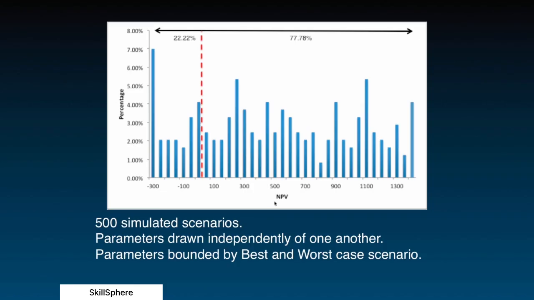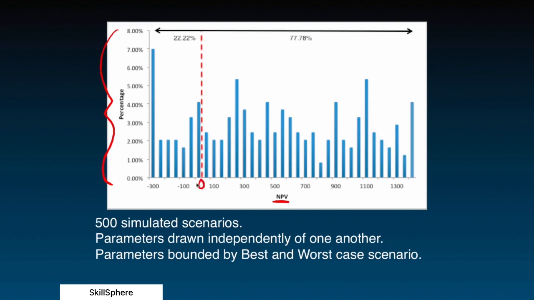So I have here the NPV along the horizontal axis, and the y-axis is the fraction of the 500 simulated scenarios corresponding to each NPV. And this red dashed line is the 0 NPV value.